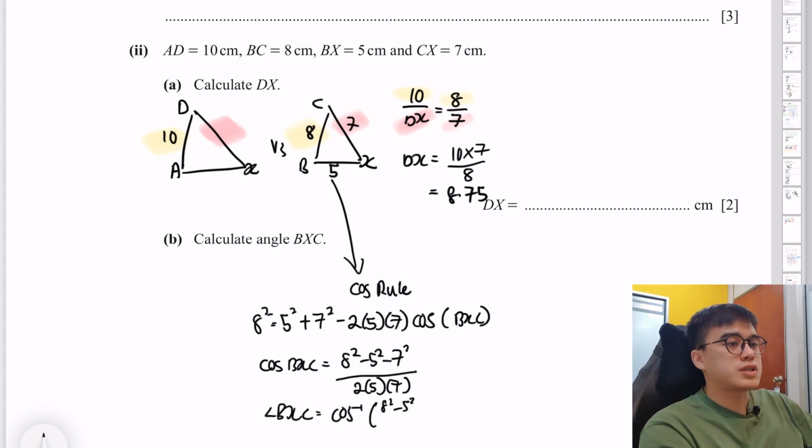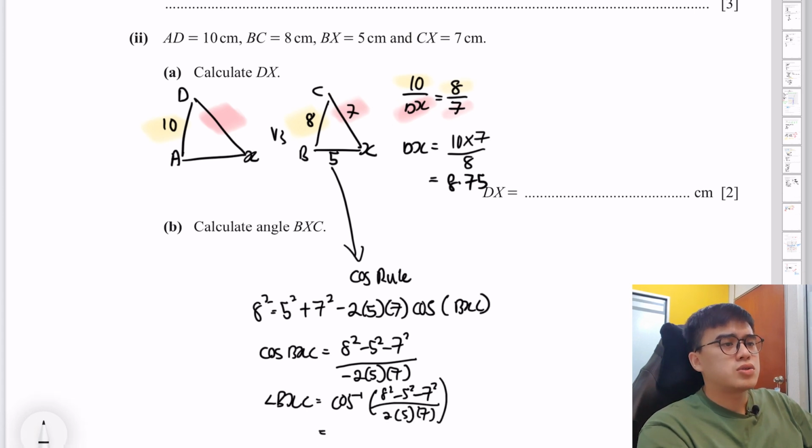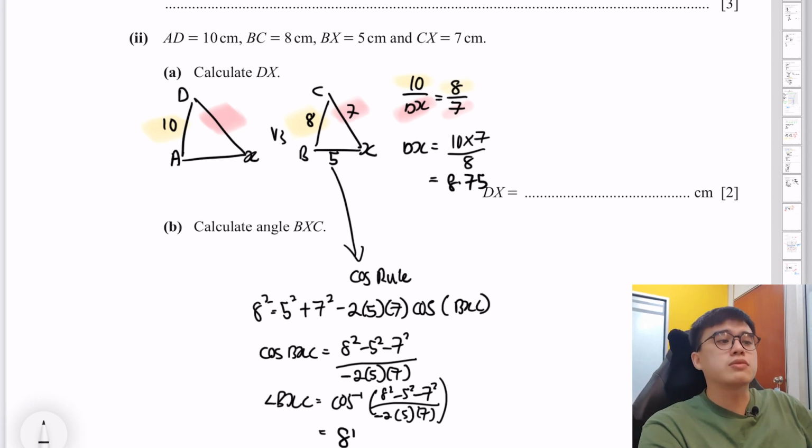For this, take the cosine inverse after keying into the calculator. Please remember to include your negative over there. Don't miss it out, else your answer will be wrong. Rounding it to 3 significant figures, you will get 81.8.